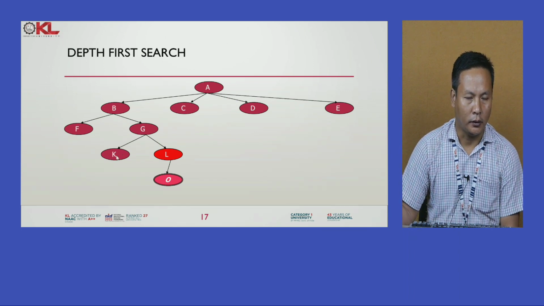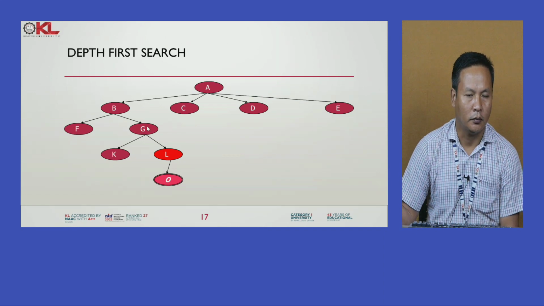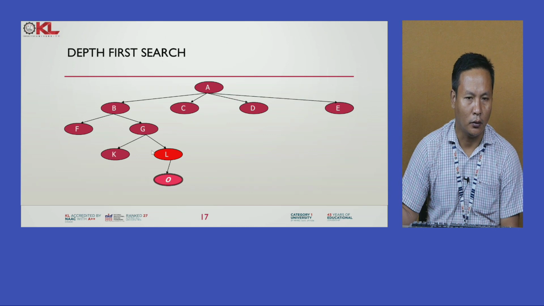K is not equal to L. We do not find the character L, so we move back to node C, and after that we move to the right branch, and we reach the node with letter L. Now the condition is satisfied, and we stop here. This is what represents the output.